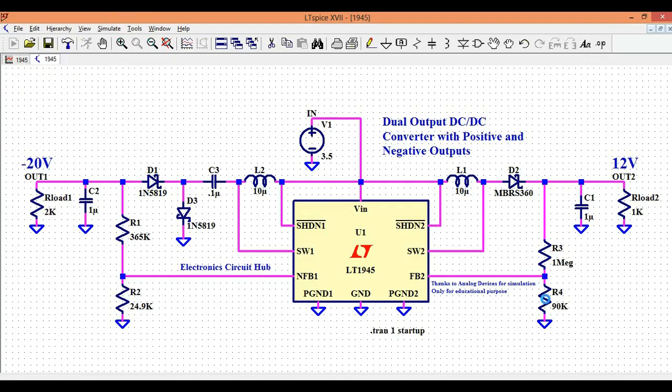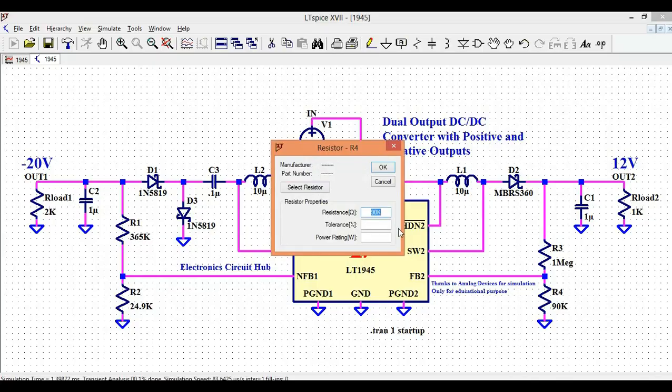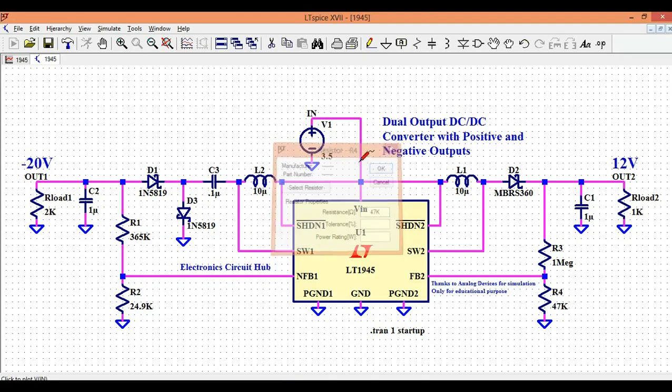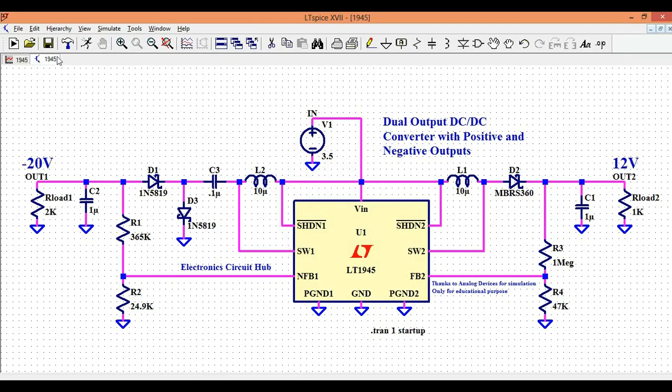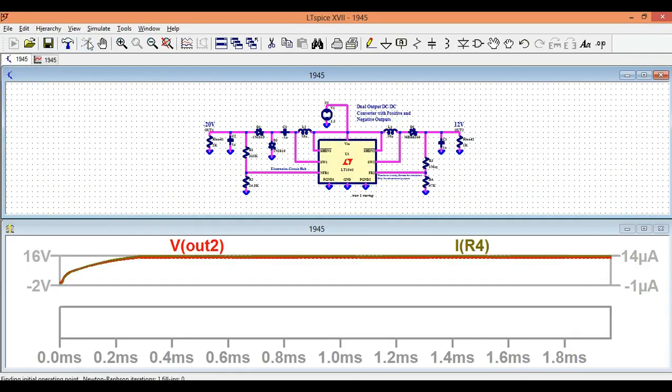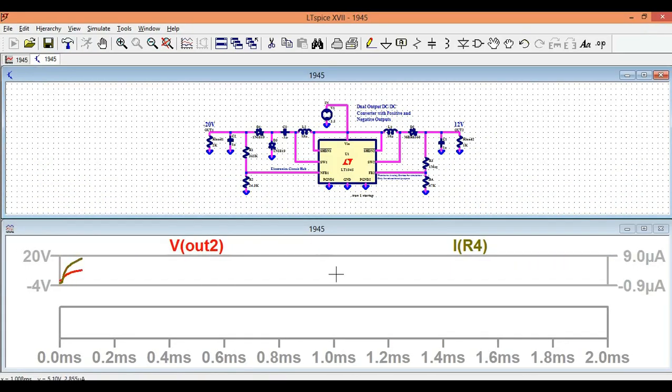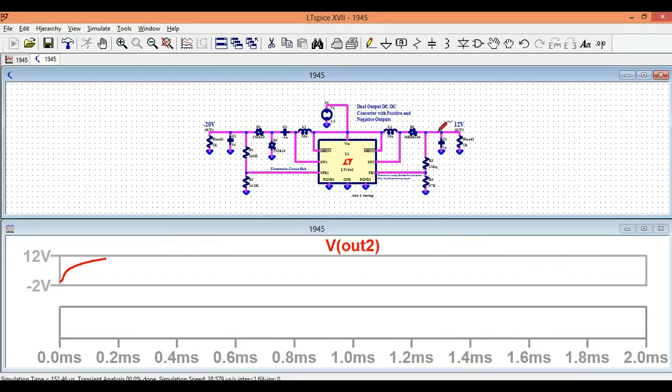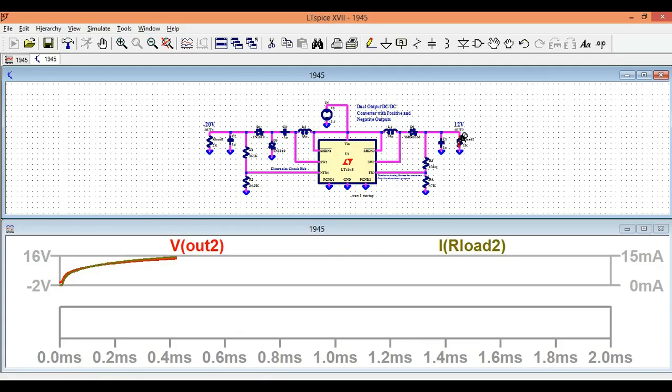What if I change this value to 47k? Okay, the divider value to 47k. I'm changing this divider value to 47k. I will save this and run the simulation again. So now what is the value of V out I'm getting, and what is the current? Let's look.